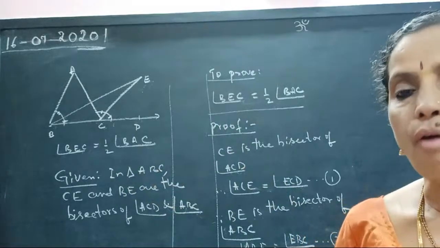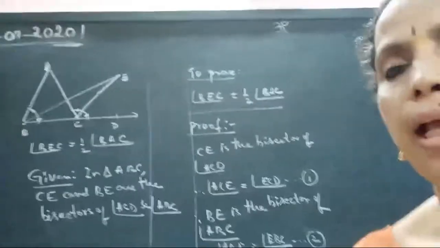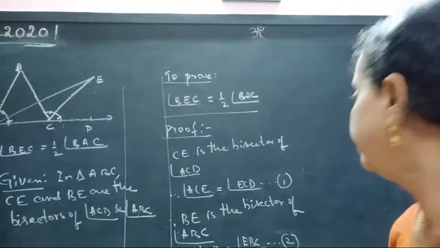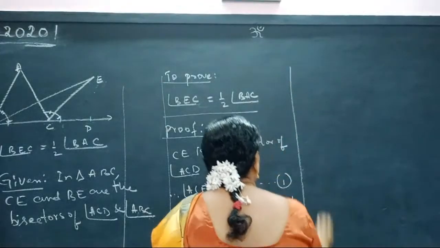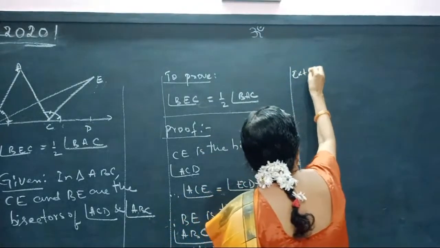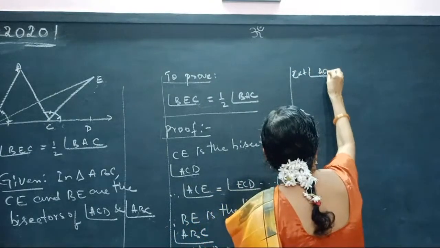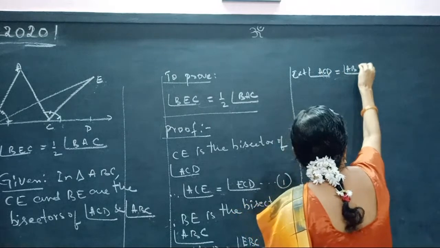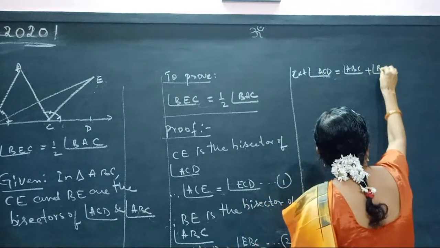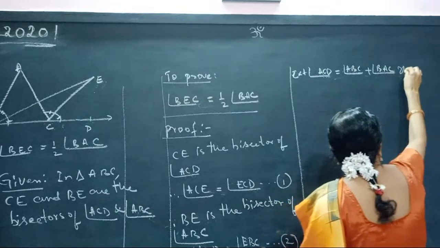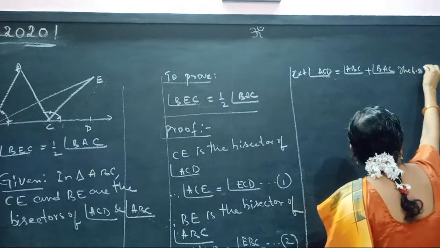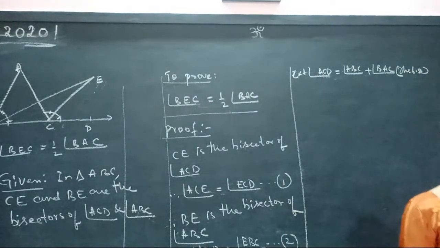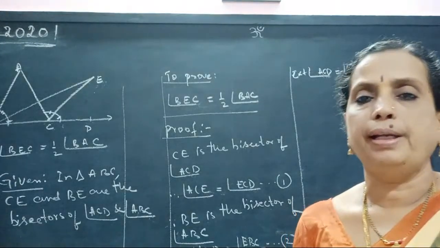Like that. Now we apply exterior angle property. Just see how I am writing. Exterior angle ACD equals angle ABC plus angle BAC, theorem 6.8. Exterior angle is under theorem 6.8.